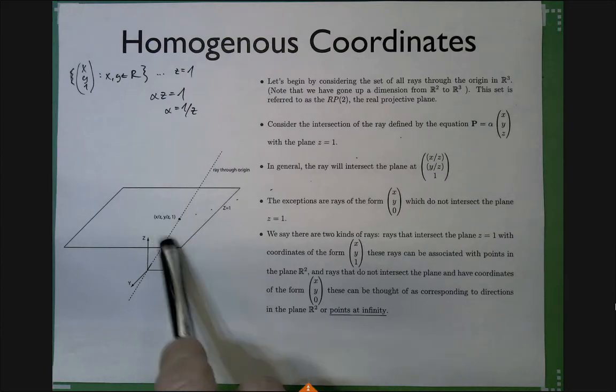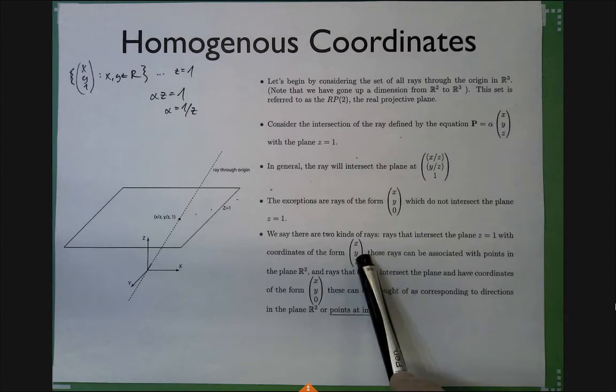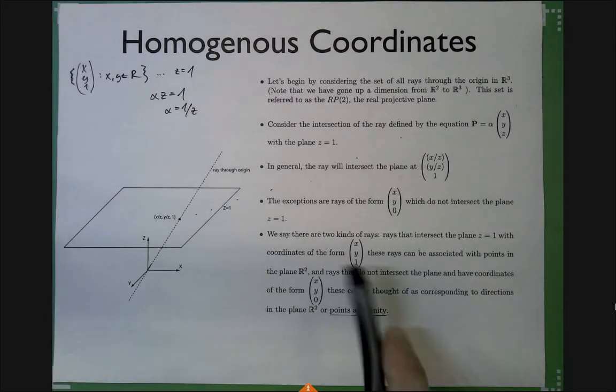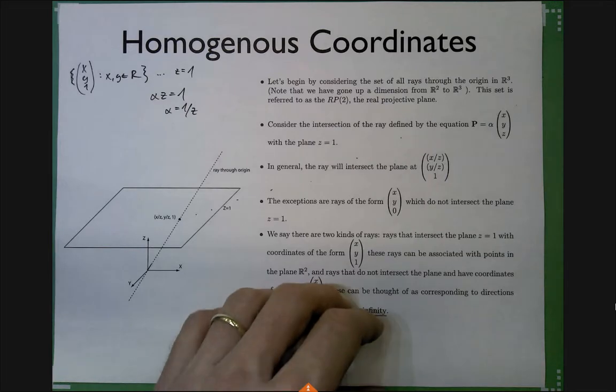So basically in an affine space, we will say that x, y, 1 represents points, like little dots, and x, y, 0 will represent vectors in an affine space. But that's not that important right now.